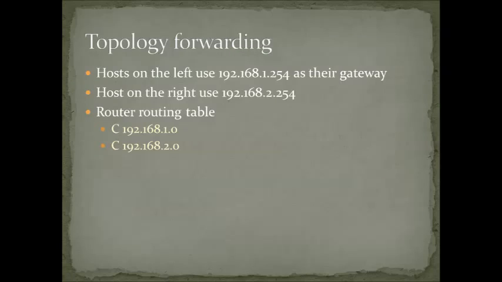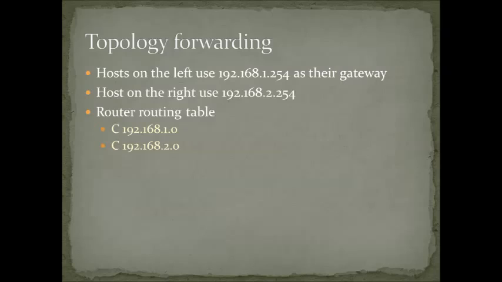So what kind of stuff would we expect on a network like this? Well, clearly, if we're going to set up the hosts and we want everybody to be able to talk to everybody else, the hosts on the left side will use 1.254 as their default gateway. Remember, the default gateway is just another name for a router that gets you off of your network. The hosts on the right would use 192.168.2.254.